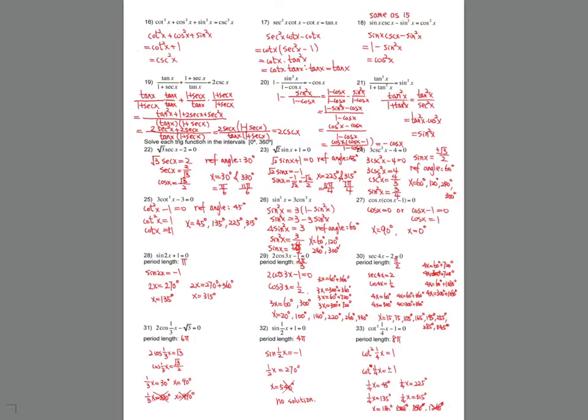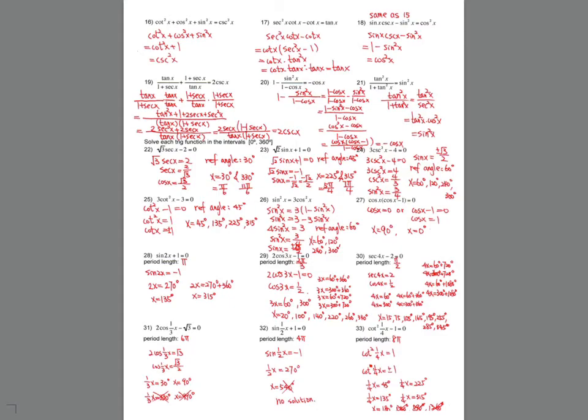Once I have the same denominators, we'll operate on the numerators, and as you can see, 1 minus sine square x turns into cosine square x. Cosine square x minus cosine x. I have the same factor of cosine x. As I factor it out, then I can reduce the bottom. So that turns out to be negative cosine x as my final result.